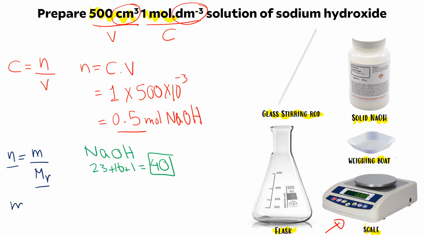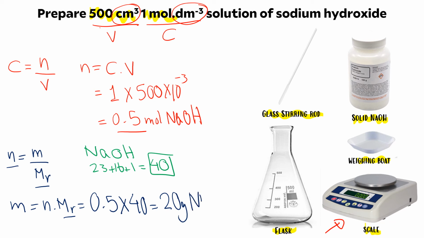How can we find the mass? Mass is equal to n times Mr. What is n here? It is 0.5. What is the molar mass? It is 40. So we should have 20 grams of sodium hydroxide.